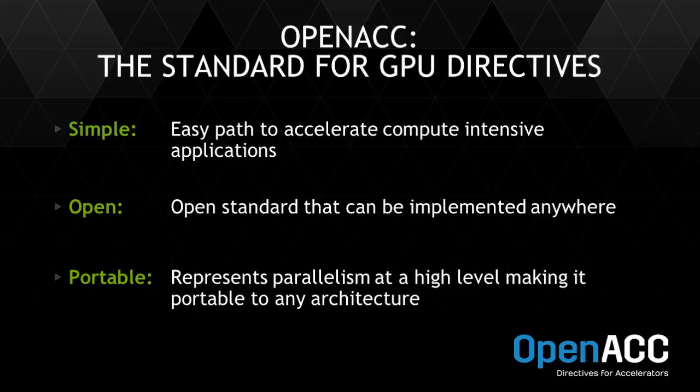And it's designed to be portable, so we try to represent the parallelism at a high enough level that it's not specific to an NVIDIA GPU or a CPU or even a particular generation of hardware, but we represent things at a high enough level that as new hardware comes out, the compiler can map that parallelism to that hardware for you without you having to think about the differences between architectures. So we really aim to be performance portable across any type of architecture.